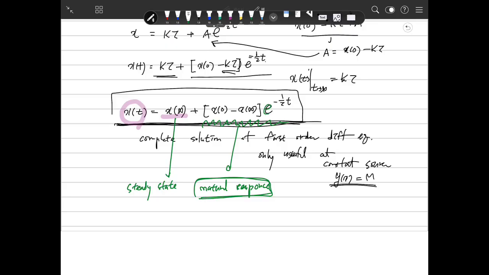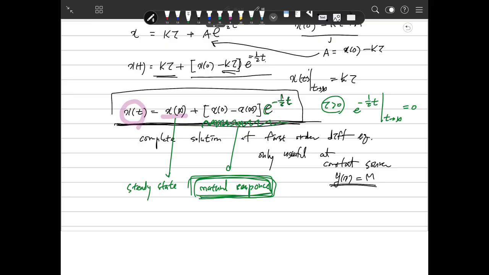So you see, exponential minus 1 over tau t: if tau is positive, then when t is infinity, that will be 0. So this natural response will decay to 0. This is very valid for a very short time, the transient.